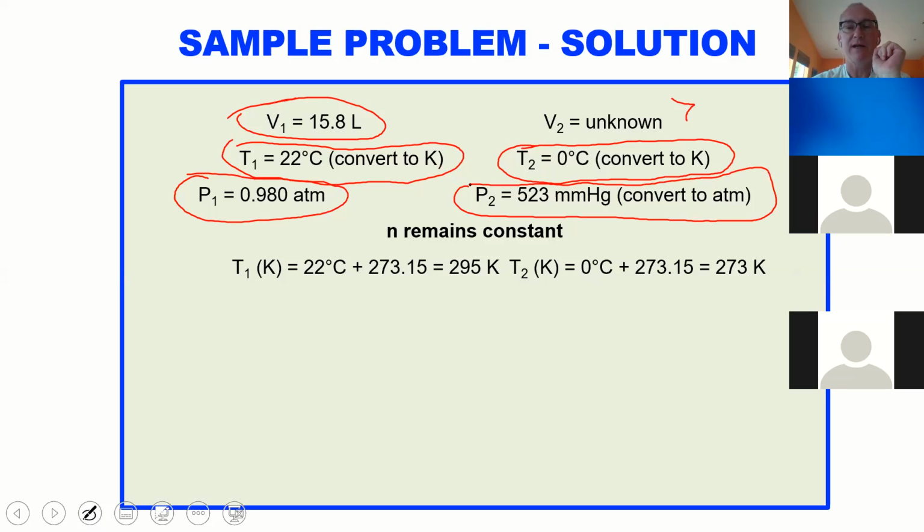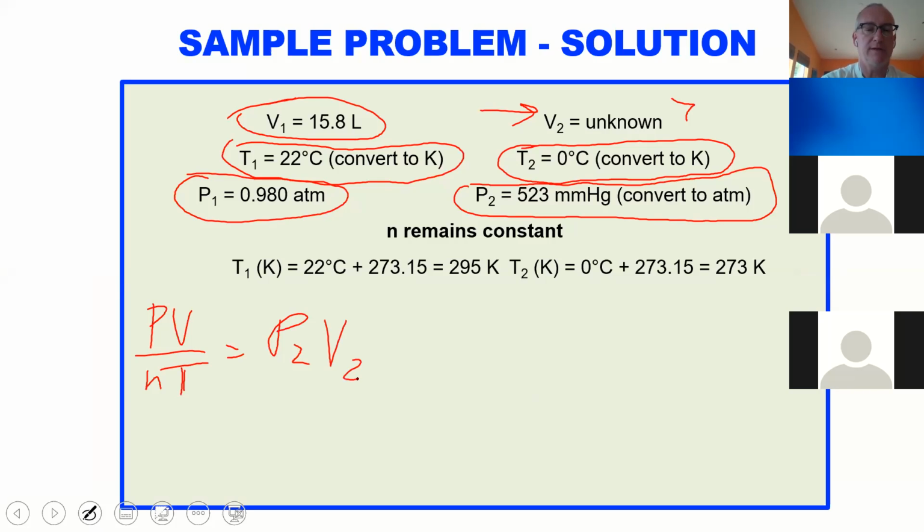So I'll give you a couple minutes, see if you can come up with the new volume. Now remember, PV equals nRT. So P1 V1 equals N1 R T1, and that's going to equal P2 V2 equals N2 R T2, where N is the same.